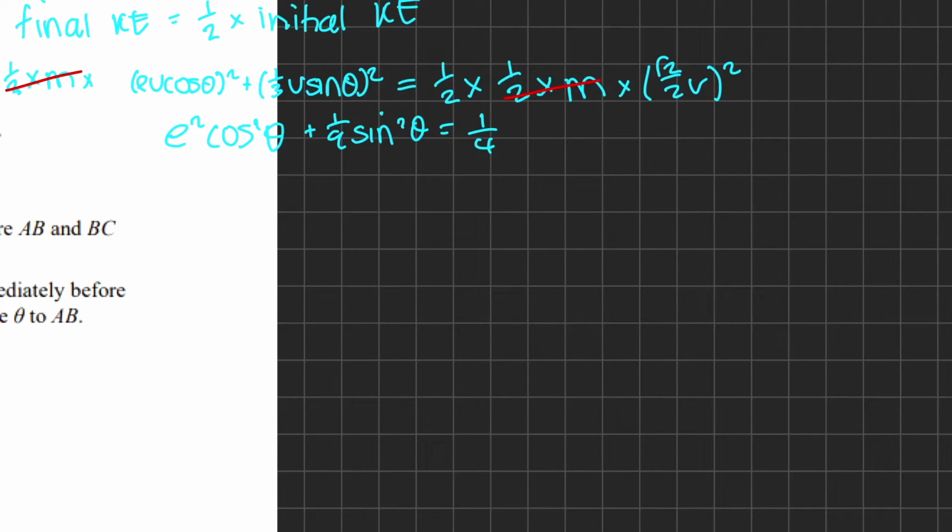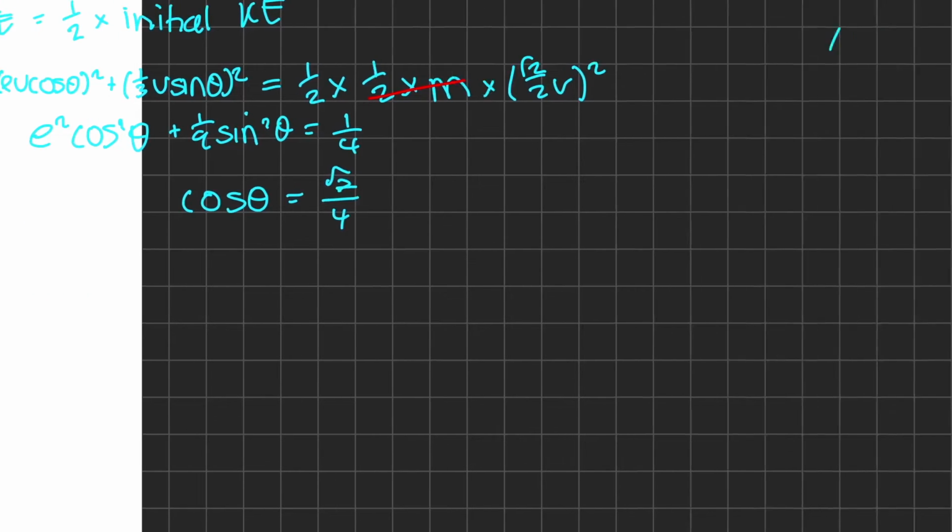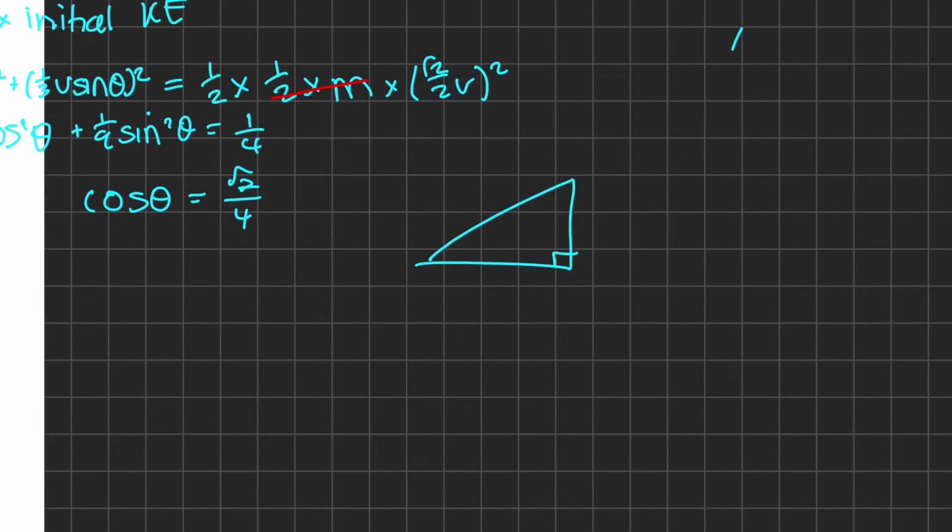Now we can replace cosine and sine of theta in the equation, because we know what they are. We know cos theta is the square root of 7 over 4. And sine theta, we can work out by using a triangle. So cos theta is the square root of 7 over 4, which is the adjacent over the hypotenuse. Using a little bit of trigonometry, the opposite is going to be the square root of 4 squared take away root 7 squared, or 7, and that's just going to be 3.